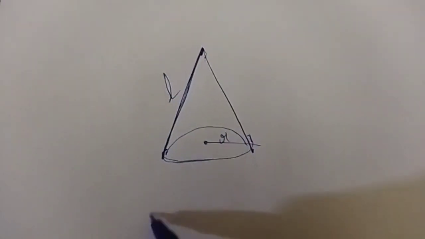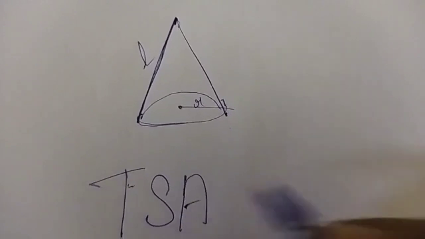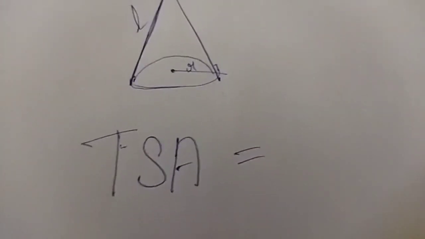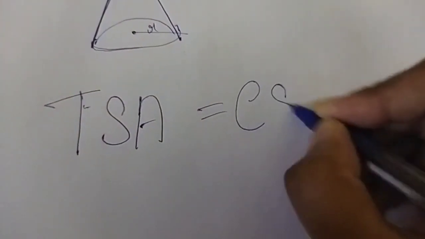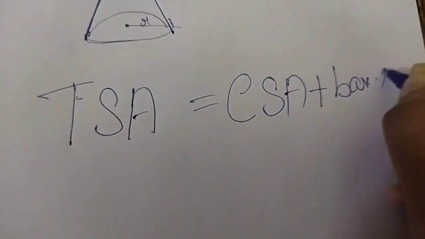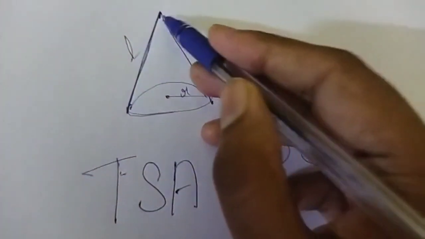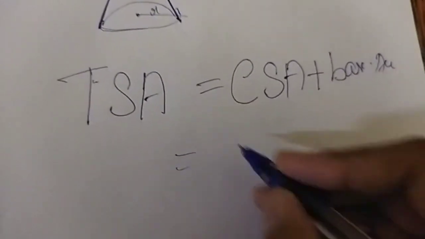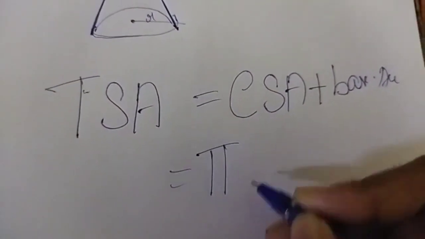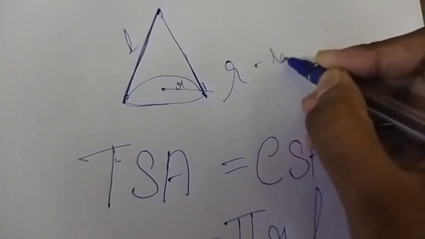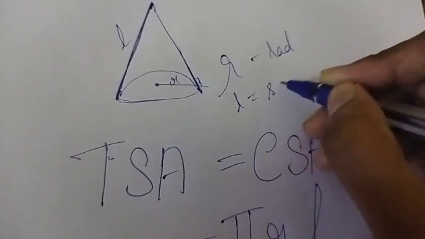We need to find TSA of a cone. TSA of any shape is nothing but curved surface area plus base area. Curved surface area of a cone is nothing but pi r L, where r is radius and L is the length of the slanting line.